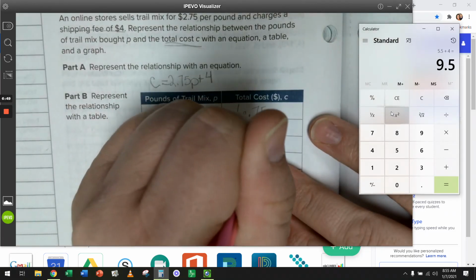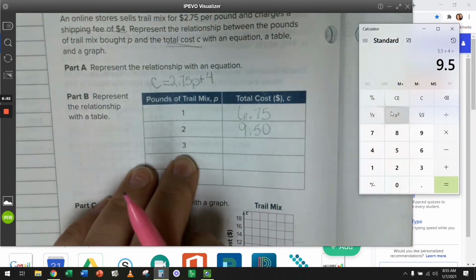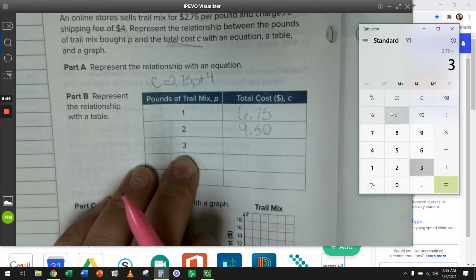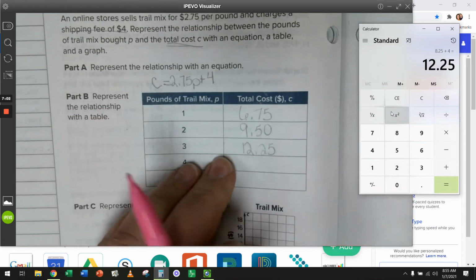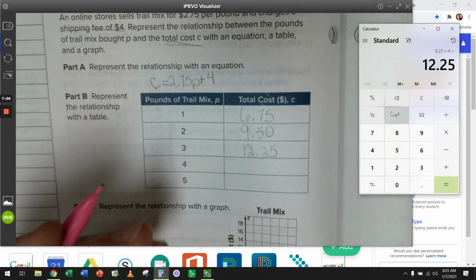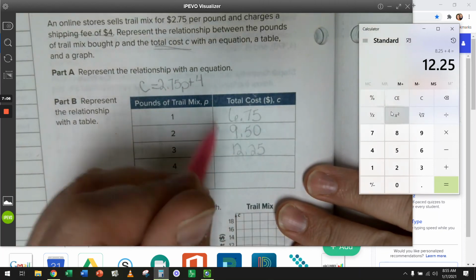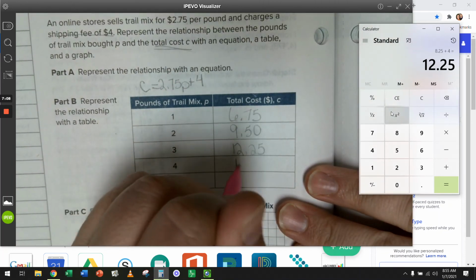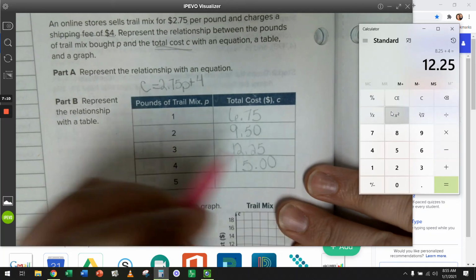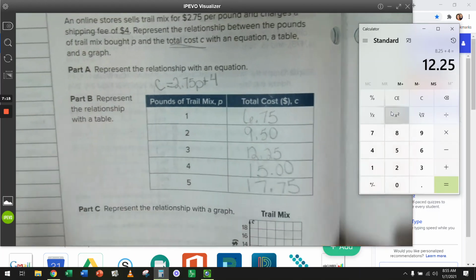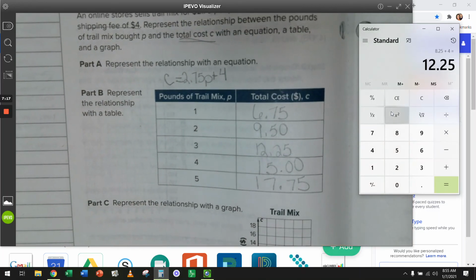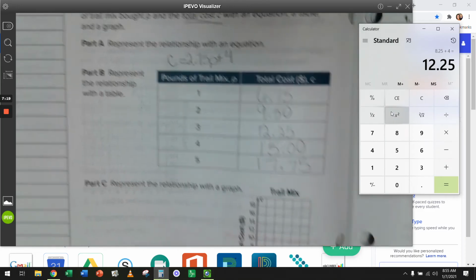That would be $9.50. 2.75 times 3 plus $4. Okay, so as you can see, we're increasing by 2.75 each time. 12.25, 15, and then we'd have $17.75 as our final value.